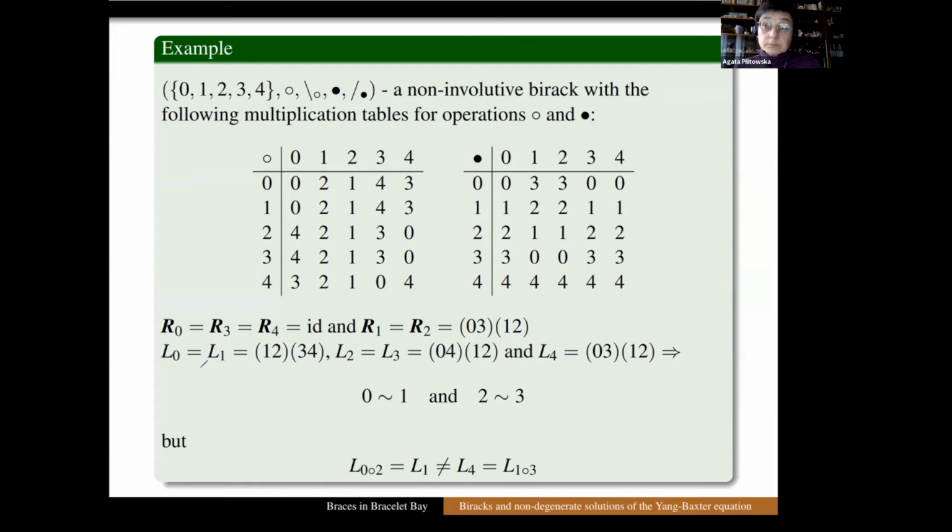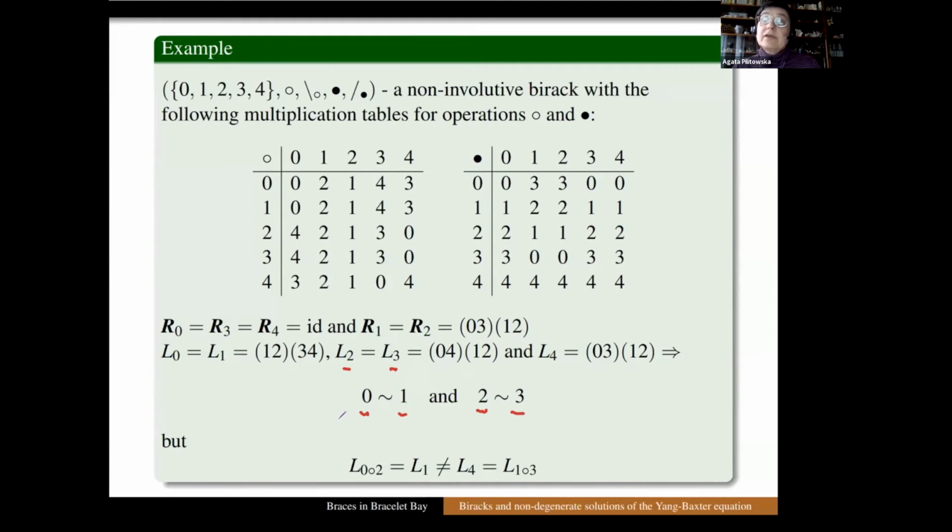And this left retraction relation, in this case, is not a congruence of this particular Birack, because we can see that the left translations by 0 and by 1 are equal, so 0 and 1 are in relation, and the translations by 2 and 3 are also equal, so 2 and 3 are in relation.